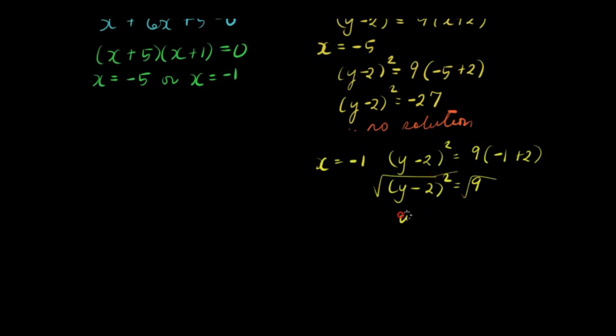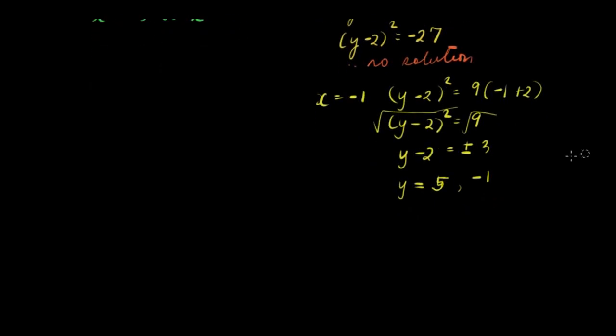So we have y minus 2 is equal to plus or minus 3. So the two values for y are y equals plus 3, sorry, plus 2 is 5. And the other one is negative 3 plus 2 is negative 1. Y equals negative 1.